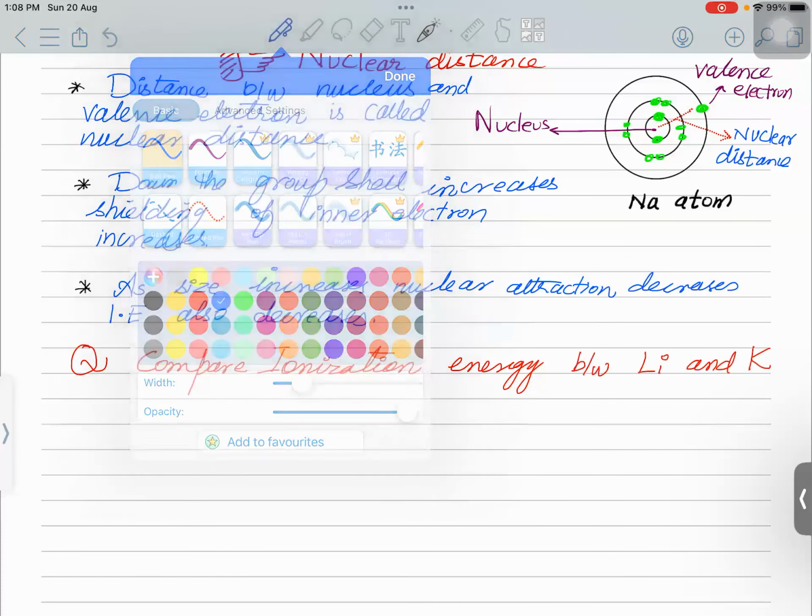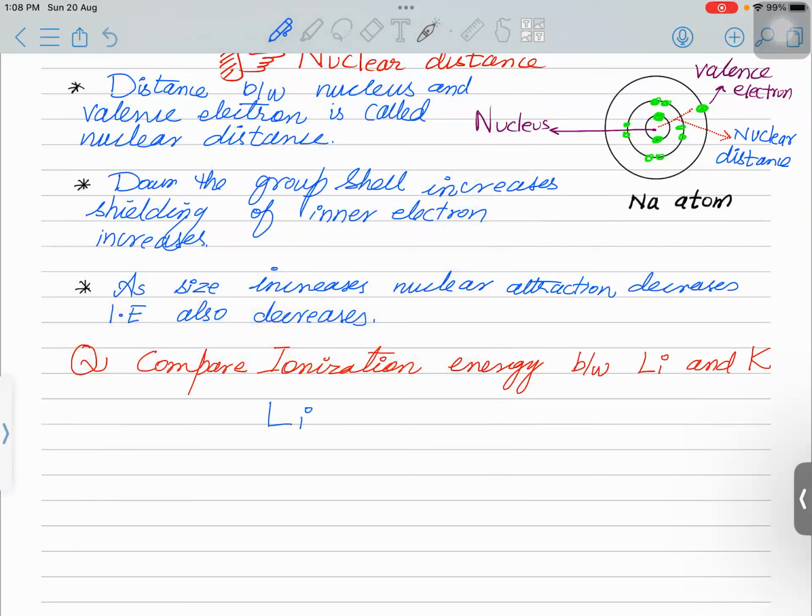Lithium is 3 and potassium is 19. So the configurations are 2, 1 and 2, 8, 8, 1.